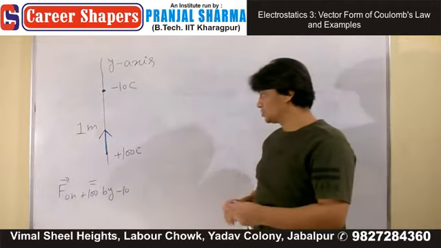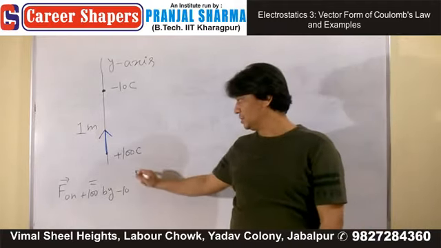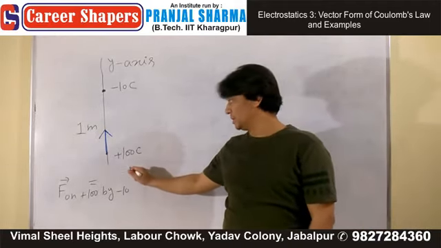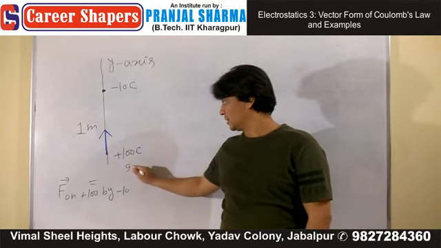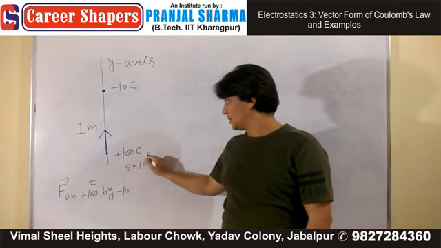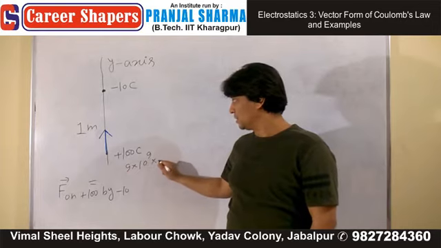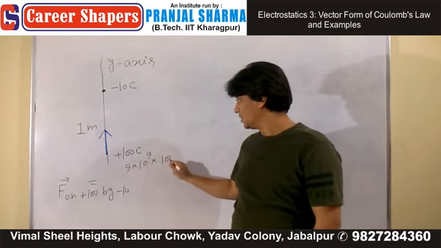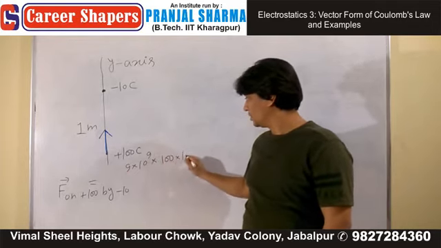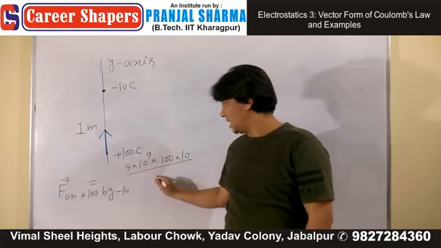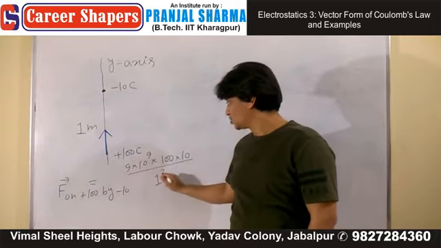Any vector has two things. One is magnitude. What is the magnitude? K Q1 Q2 divided by R square.